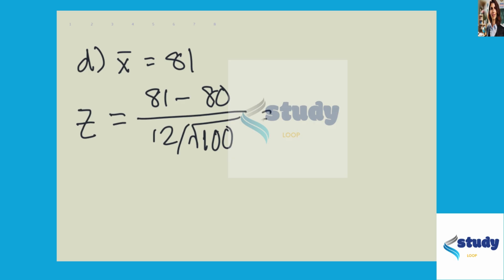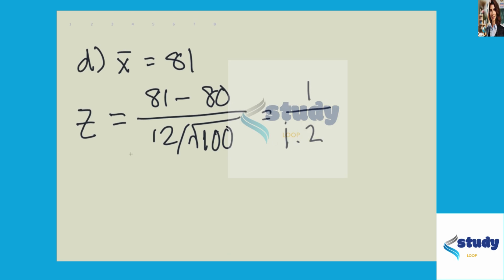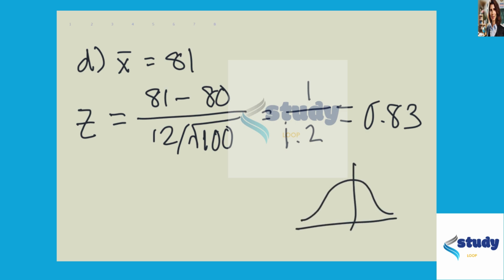And this is equal to 1 divided by 1.2, which is about 0.83. If we draw our normal distribution, we have z equals 0 here. And this is where you have to be careful. Because our z-test statistic is positive, our z value ends up being here. But we're still going to find the area to the left and underneath the curve.